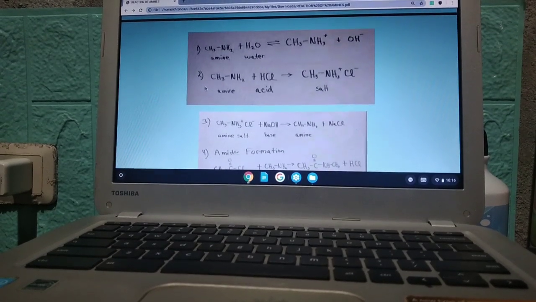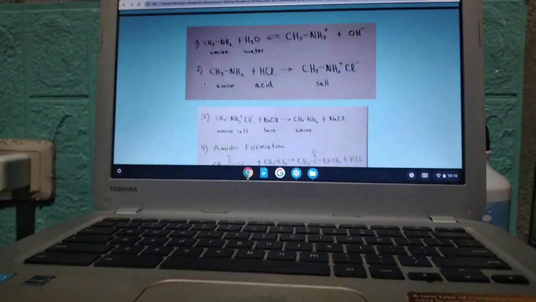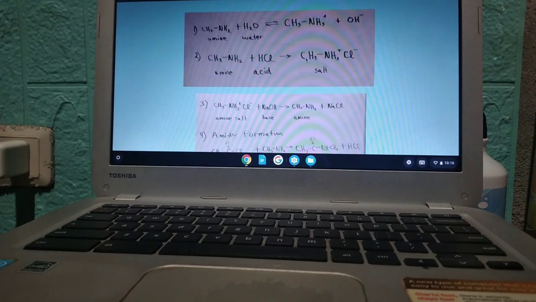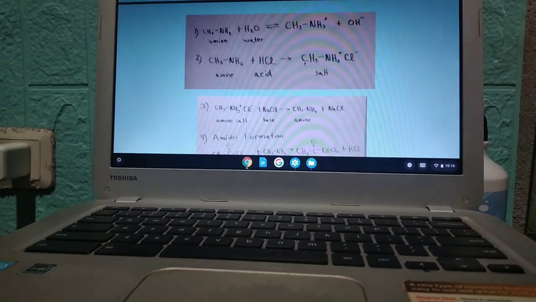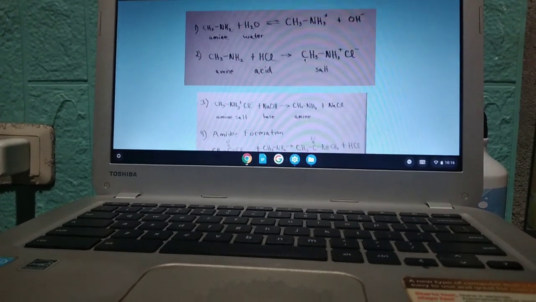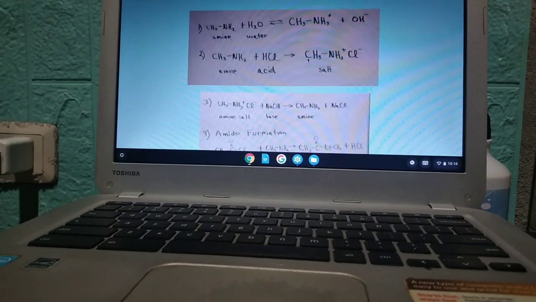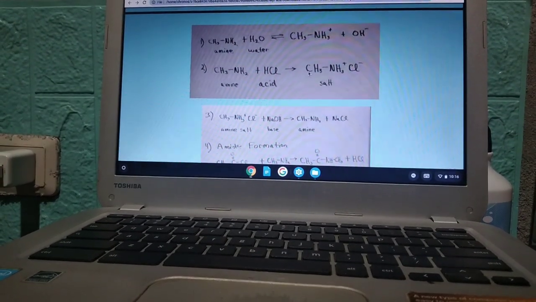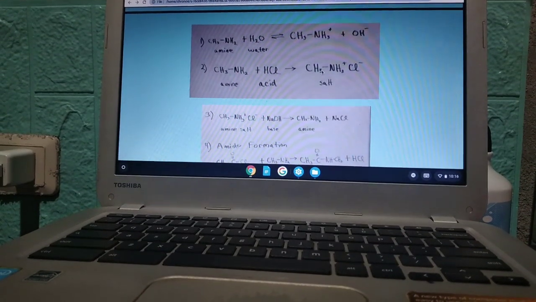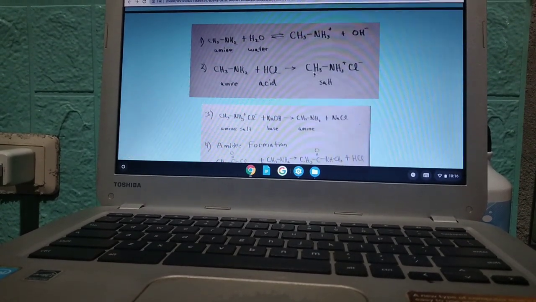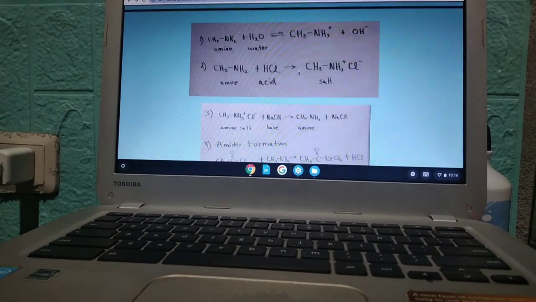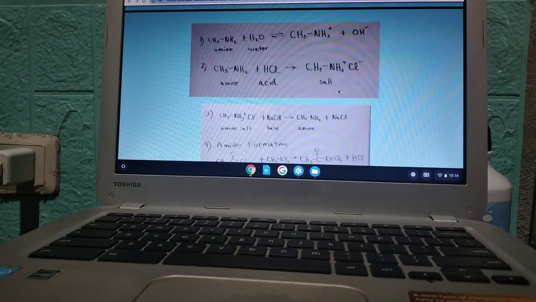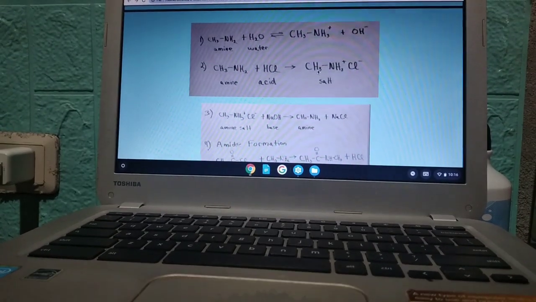The proton from the acid is going to attach to the nitrogen, and we get CH3NH3 plus Cl minus. When we have a plus and a minus, that reminds us of inorganic compounds, so we can call this a salt. It's an amine salt.